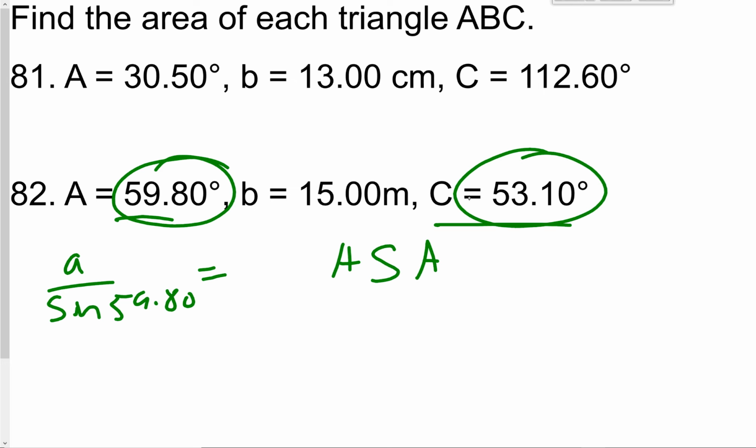So 59.8 degrees, and then plus 53.1, minus that from 180. So 180 minus those two.